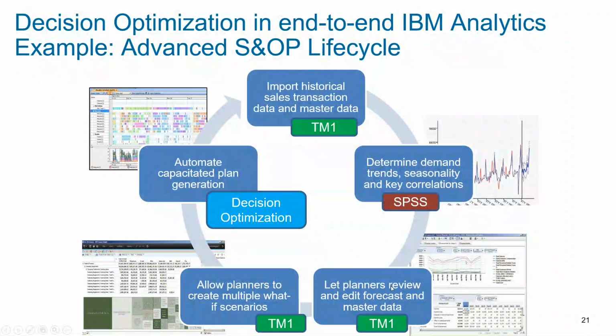You are going to review and edit the forecast in TM1, and create multiple what-if scenarios, and then you will use decision optimization to build new plans. This is for scheduling problems, production planning problems, S&OP problems, and again feed those decisions back to TM1. So that shows you the life cycle with TM1.